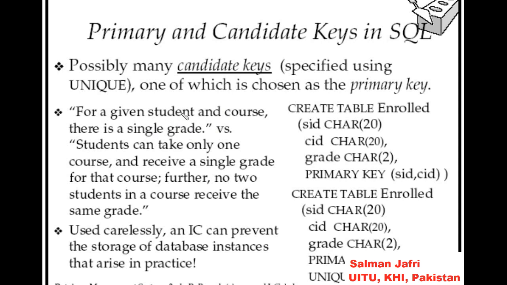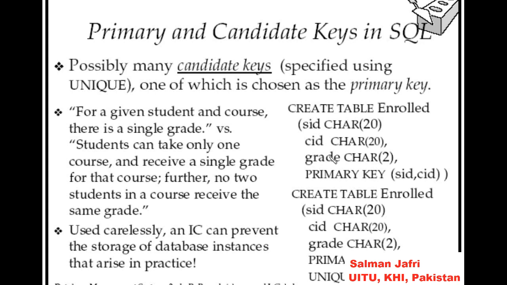But we can also specify wrong integrity constraints, and so we could have a situation in which students can take only one course and receive a single grade for that course. Further, no two students in a course receive the same grade. What does it all mean? Can you relate this to these definitions? Any student?